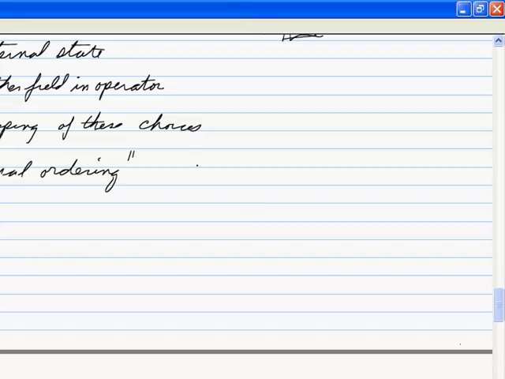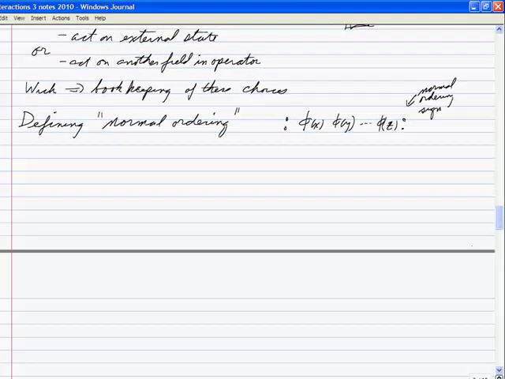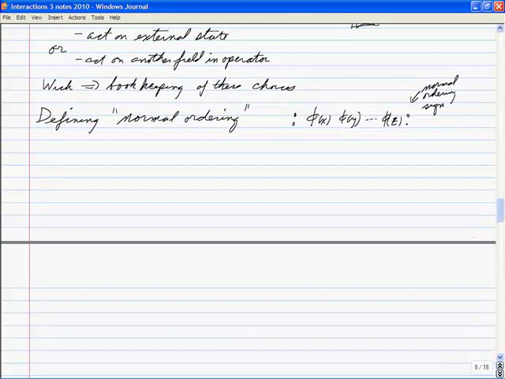Normal ordering is written like this: phi of x, phi of y, you know, there's a bunch of fields, phi of z, and the double dots are the normal ordering sign. Fine.